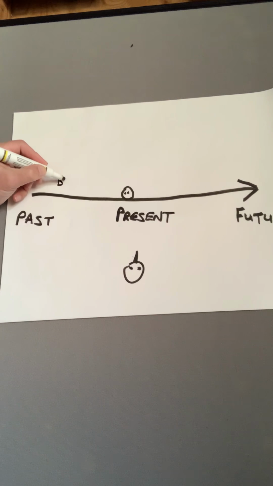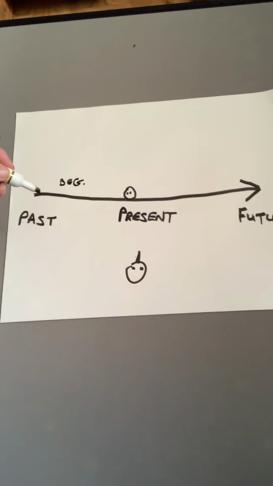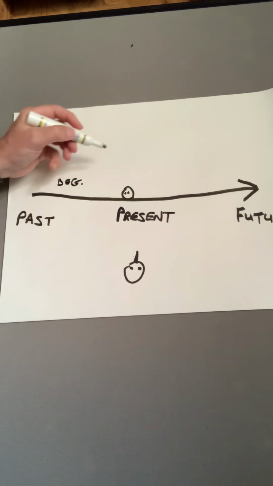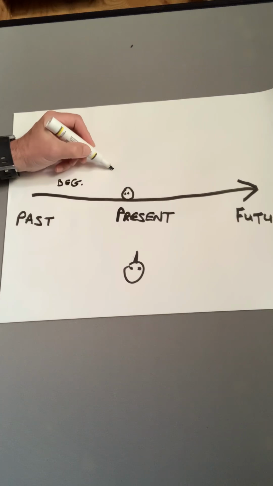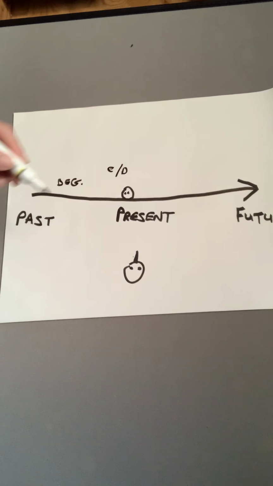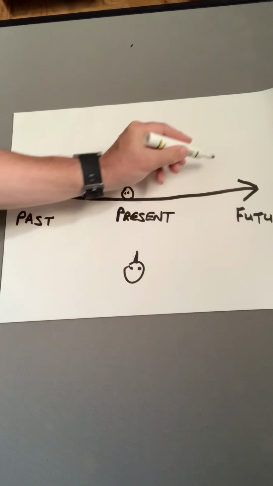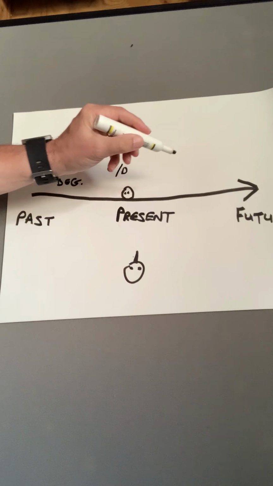So I'm going to put beginners, BG, all right? Now, reasonably experienced C and D club level players, they're somewhere around here, okay? The better you get, the more your mind is operating up here, okay?